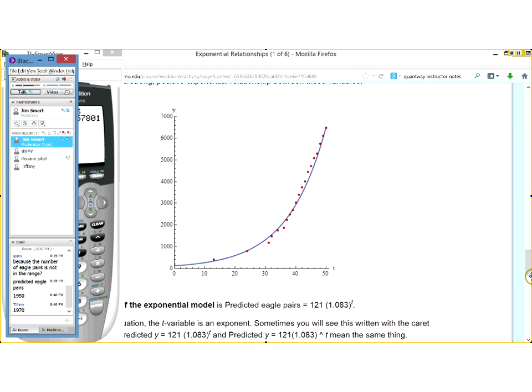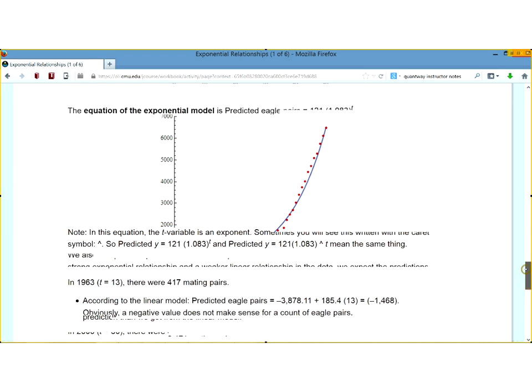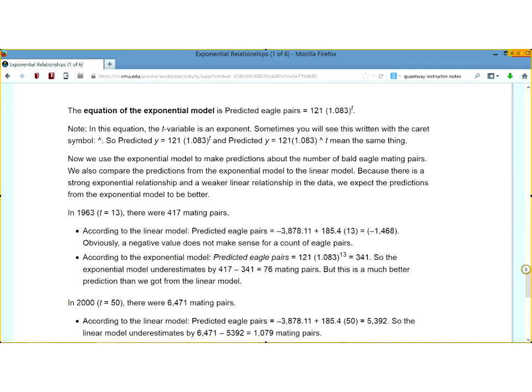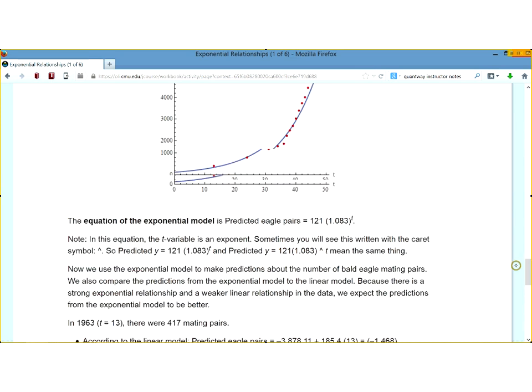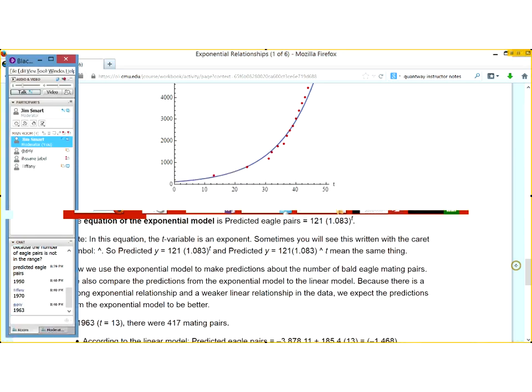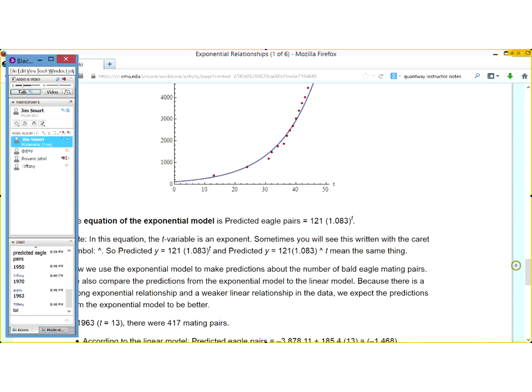Nope. Okay, so let's scroll down. Try again. Yes, 1963, in fact, because it says 1963 is t equals 13. Oh, we lost Isan.